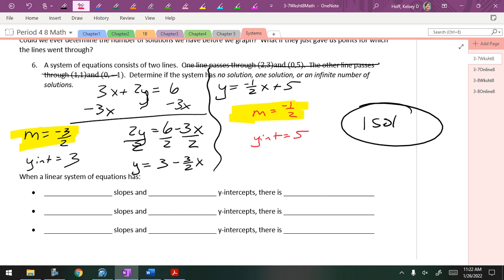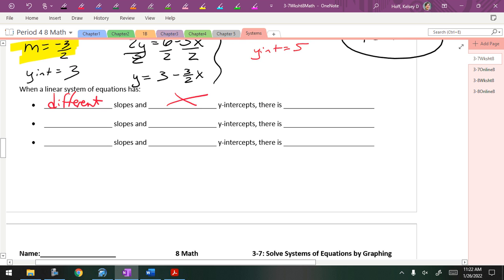All right, let's summarize everything we just did. If they have different slopes, I don't even care what they have for y-intercepts. How many solutions do you have? One solution. They're going to cross. Nobody cares about the y-intercept at that point.